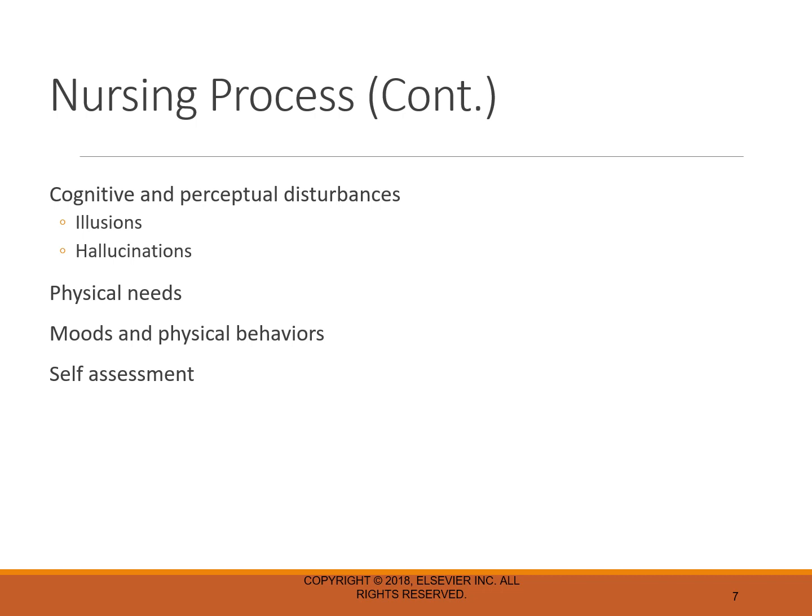And if there is no agitation, delirium is considered hypoactive, and the mood may swing from fear, anger, anxiety, sometimes to depression or apathy. And finally, we need to have a self-assessment, which will help to prevent countertransference towards the patient.